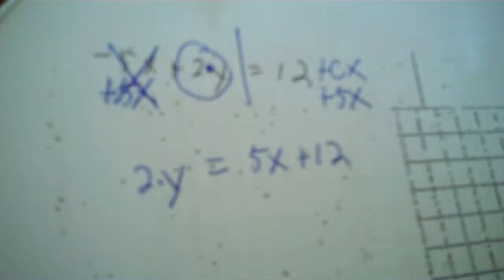Okay, -5x plus 2y equals 12. So here's y. It has a multiplication operation of 2, and it also has a -5x added to the outside. So we plus 5x. Now that can't be added to 12, so we have to make a 0x, so I can add a 5x there. So 2 times y is going to make 5x plus 12.